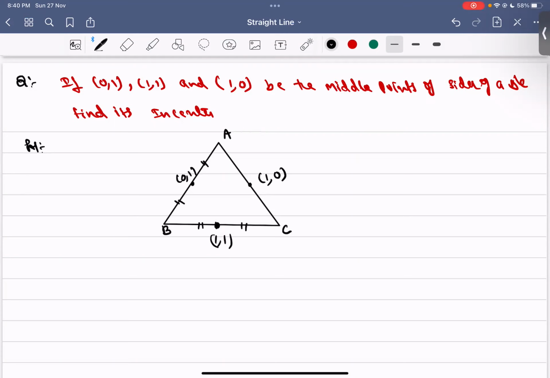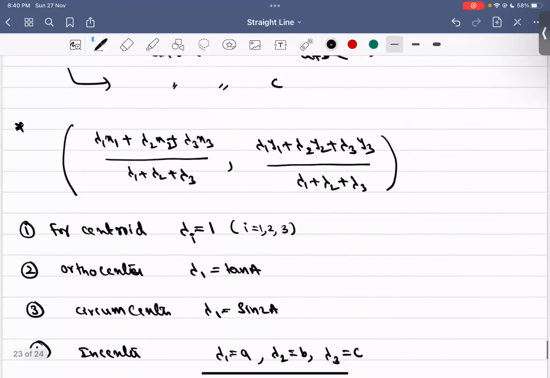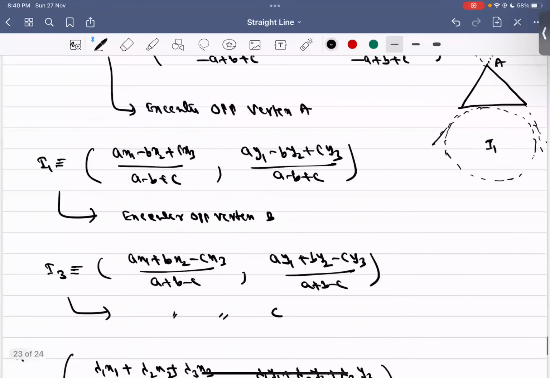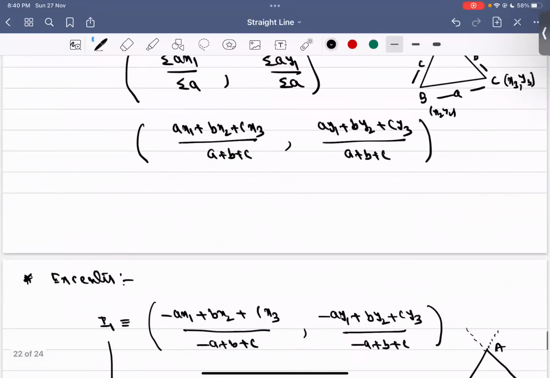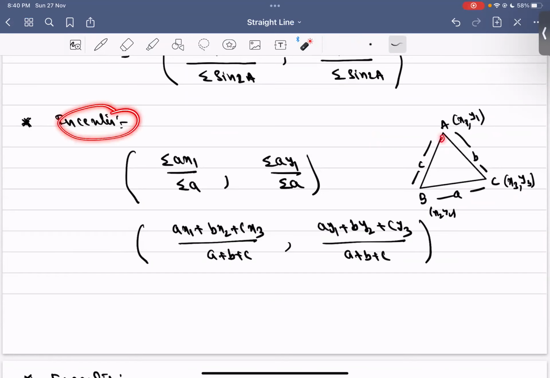To find the incenter, we need the vertices A (x1, y1), B (x2, y2), C (x3, y3), because the incenter formula needs the lengths of the sides of the triangle.